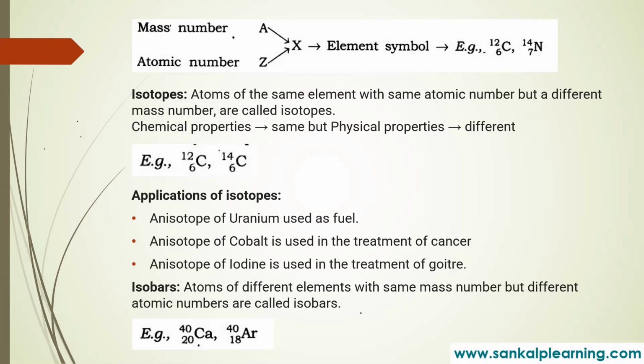One example I'll give you, that is chlorine occurs in nature. Chlorine is occurring in nature as two isotopes.